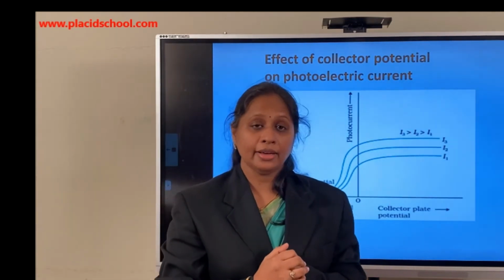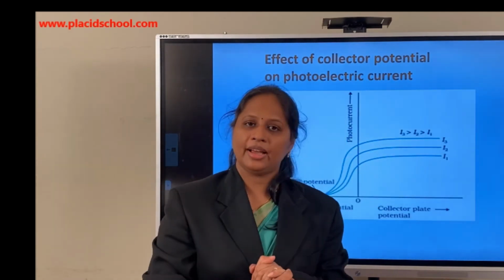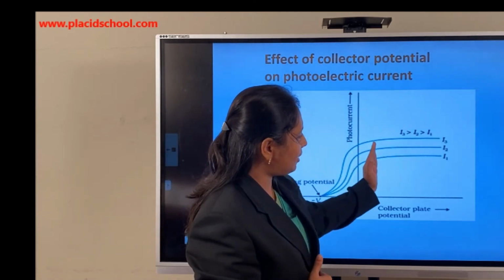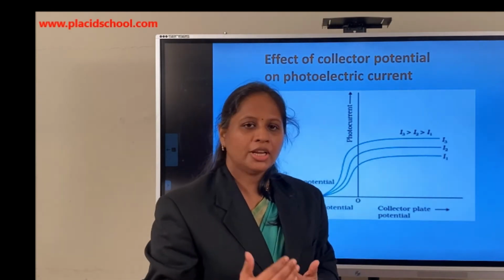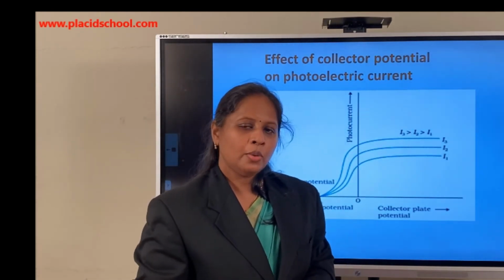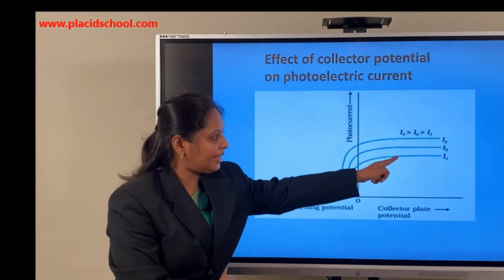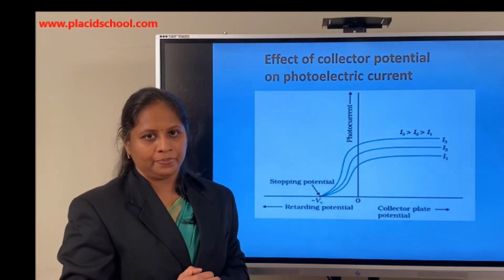But remember, here we are keeping the frequency of the light constant. In the graph, the photocurrent increases with the collector plate potential. That means as the collector plate potential is made more and more positive, what happened? The photocurrent increases. The photocurrent is not increasing after reaching a particular maximum value.